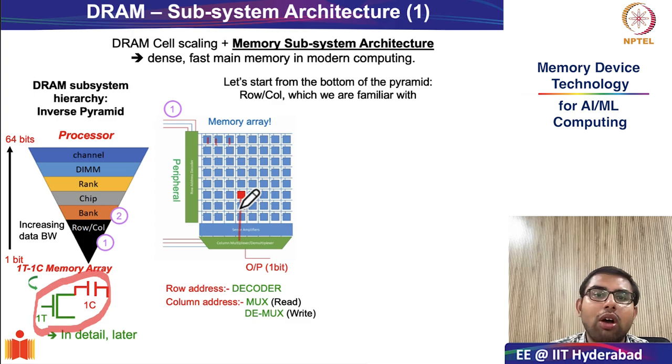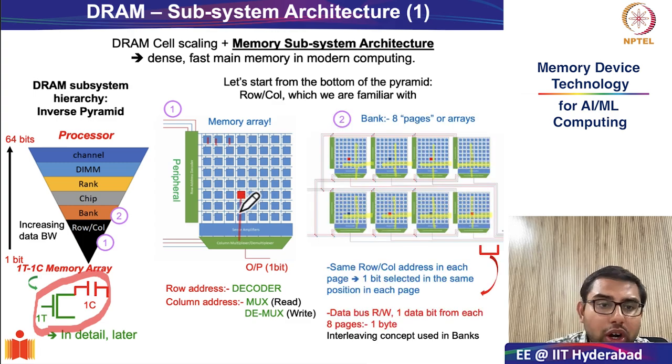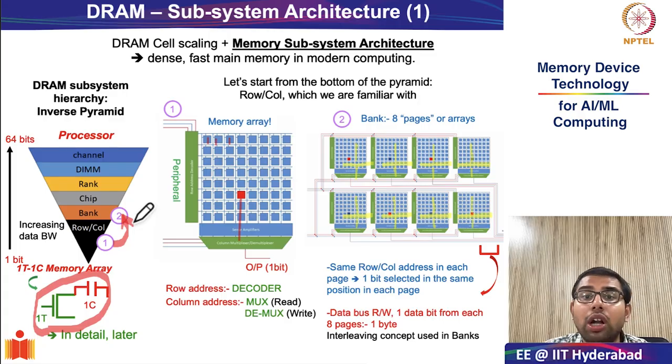Next, we come to a very important concept. From the row column array, we are moving on to the next element in the hierarchy, which is called the bank. Now, the bank is a very, very important functional element in DRAM, and we will discuss why that is the case. But for the time being, let us understand what is the constitution of a bank.